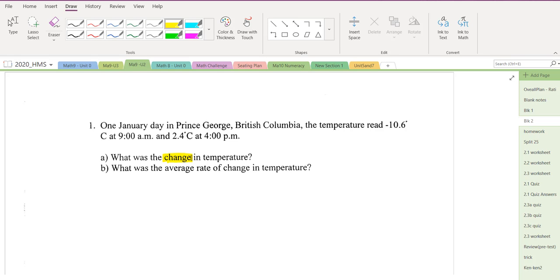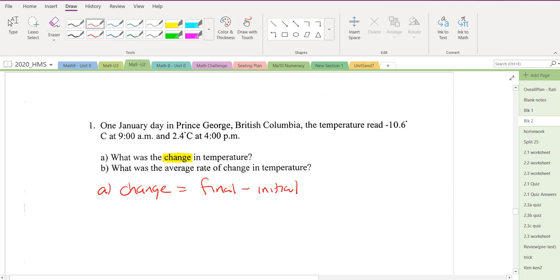So any kind of change, whether you're talking about temperature, distance, time, any quantity, is always your final measurement minus your initial measurement. Okay? That's what change is equal to. Change is your final minus your initial. All right?